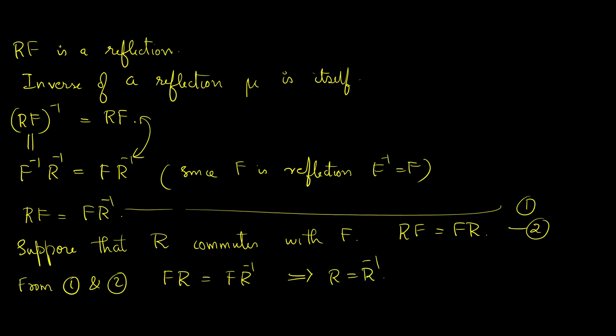So suppose that R is commuting with F, then R must satisfy this property: R must be equal to R inverse. So what are the elements R that have this property? That means it is R0 and R180. So what am I saying?